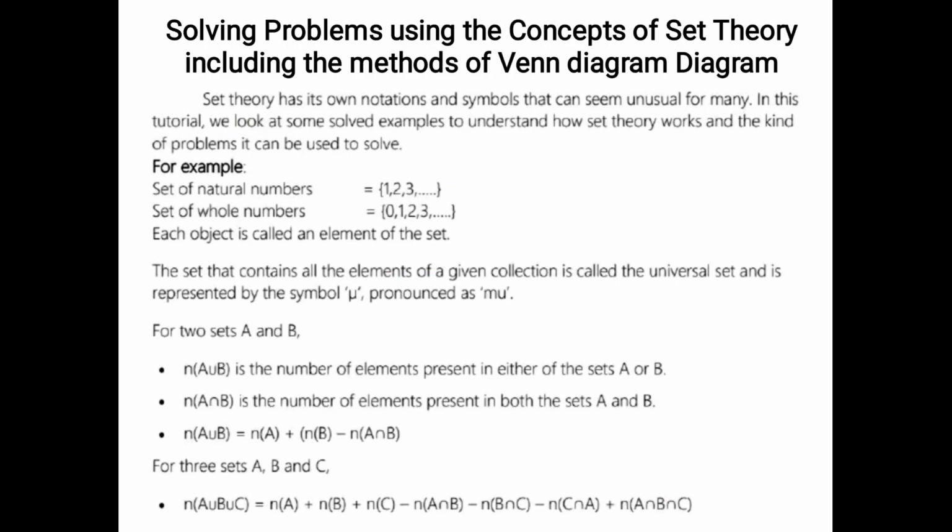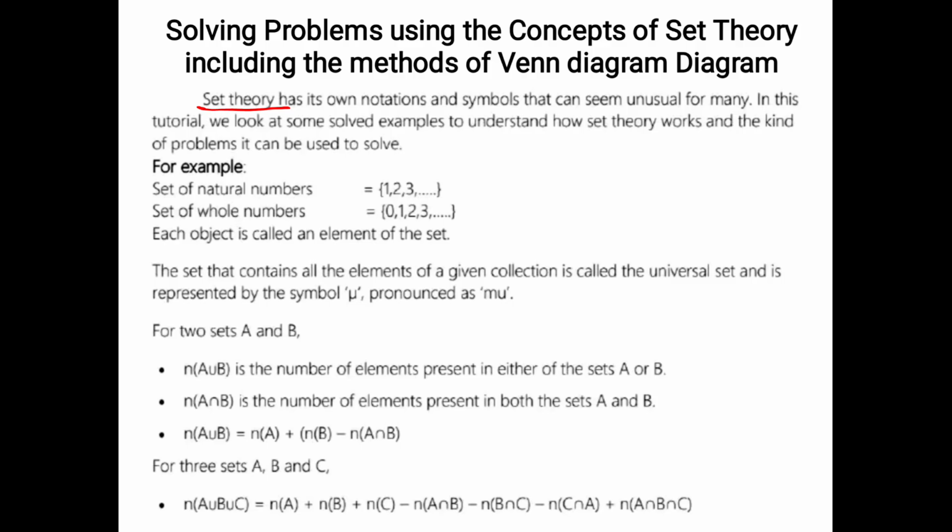So, we will solve problems using the concepts of set theory, including the methods of Venn diagram. Set theory has its own notations and symbols that can seem unusual for many.